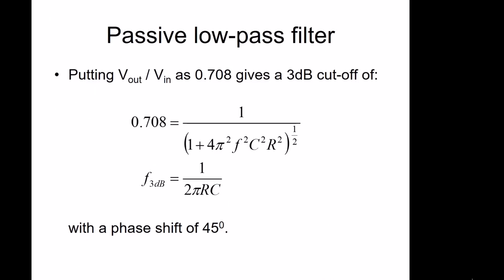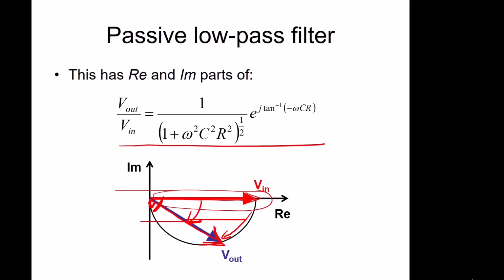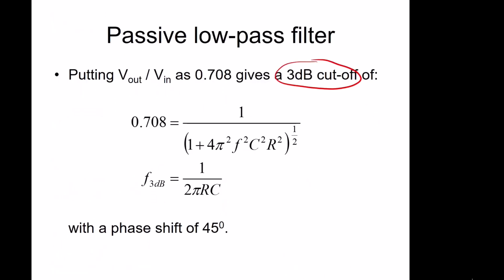We need to somehow define this filter. And the way we define it is we specify the 3 dB cutoff point. So it's when the magnitude has dropped to 70% of its original value. So we have omega squared here, and omega equals 2 pi f, so we put in 2 pi f squared in there.